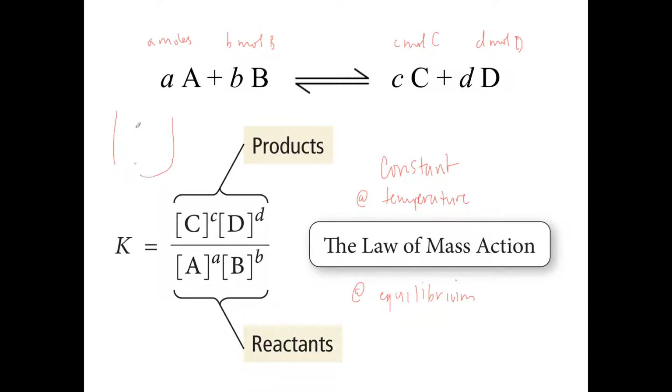You've got a bucket here, right? And you have nothing in it except A, in which case this ratio would not exist. But if you have A and B in here, and you give it enough time, such that it has time to produce C and D, then this ratio will be true. Okay, so again, that's at equilibrium at a particular temperature. This ratio will be constant.